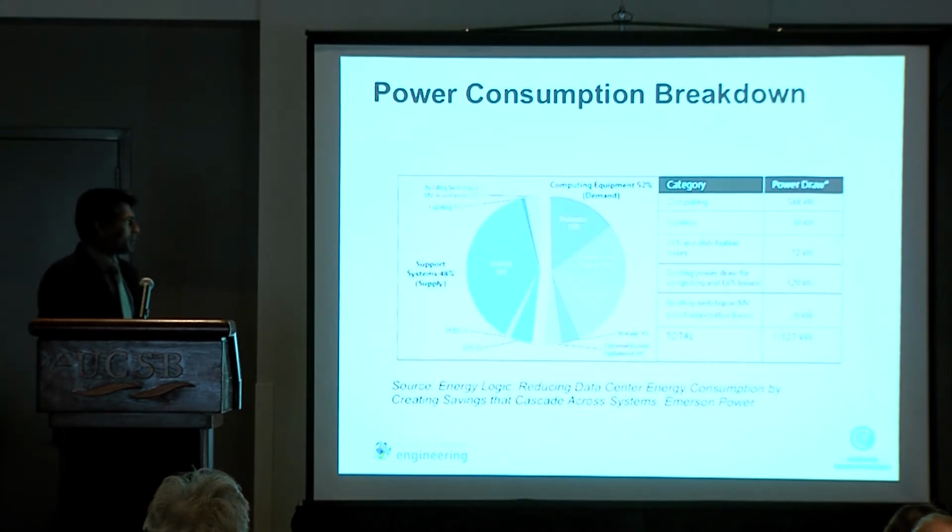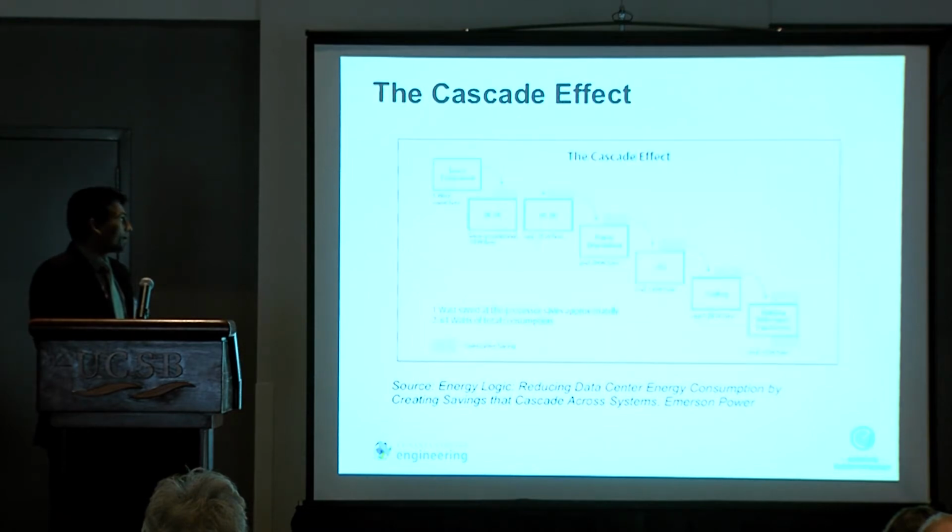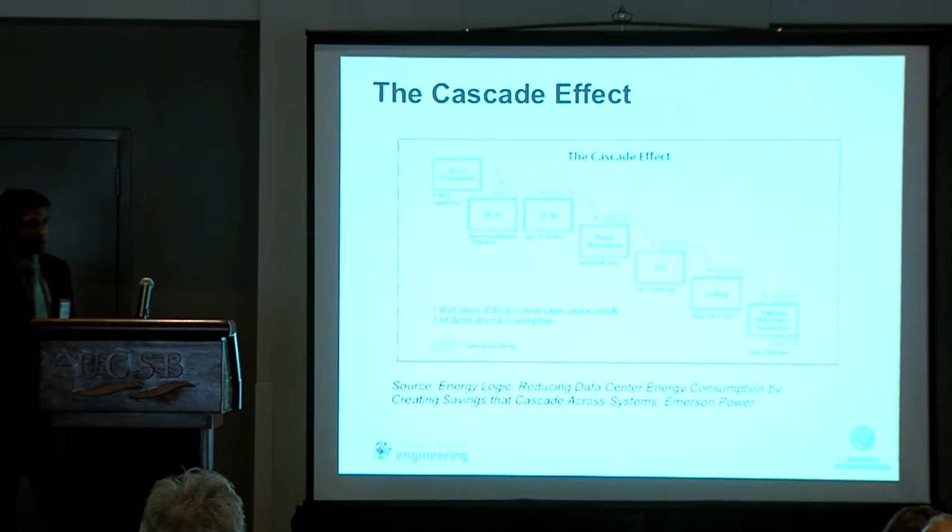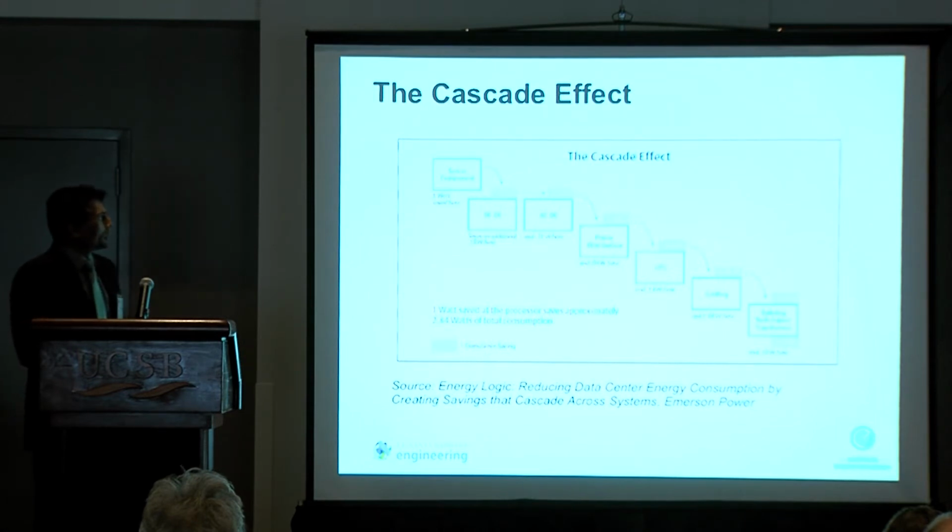If you look at the breakdown of the power consumption, a lot of it is actually in the computing. It's 580 kilowatts. The cooling power is another huge driver of the power consumption in this whole pie. One of the most interesting things is what's called the Cascade Effect. If you save 1 watt in a processor, then as it goes down, you have the DC-DC converter, which is DC-DC regulation, then AC to DC, which is outlet to DC converters.